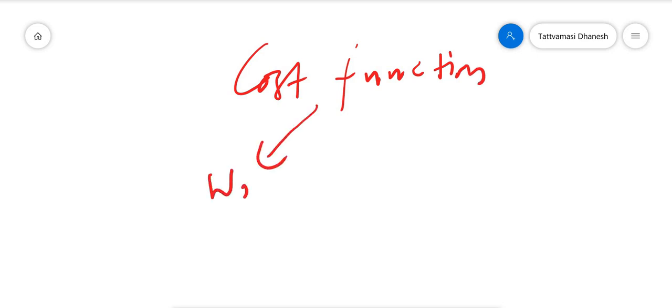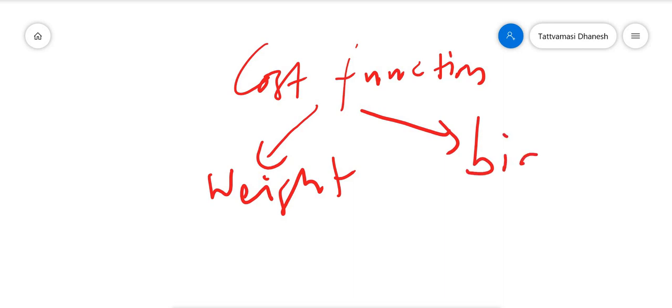One is weight and the next one is bias. So we have to change the equations. Previously I have written the equation for x. Here we have to change the equation for weight and bias. So the equations for weight and bias will be, again, we can change it.